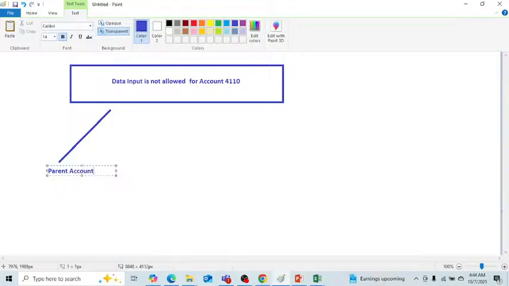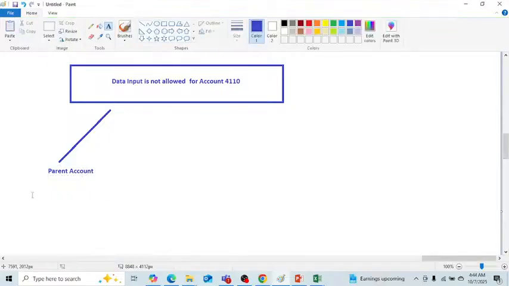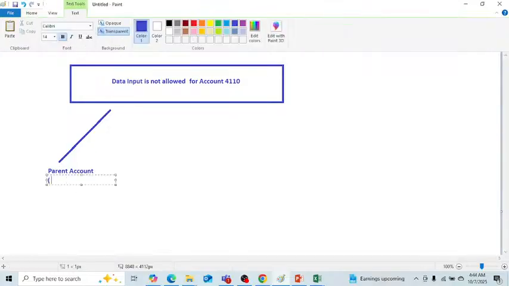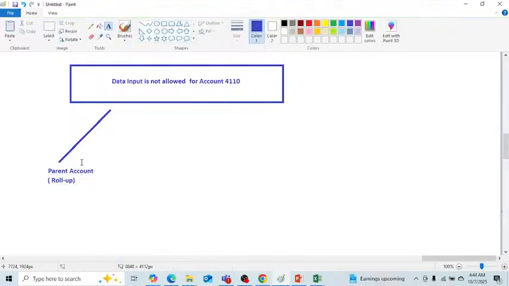That is the parent account, and I can also mention that it is a roll-up. Account 4110 is designed to automatically total the balances of all the more detailed sub-accounts that fall directly beneath it in the chart of accounts. Example: accounts 4111, 4112 and 4113.